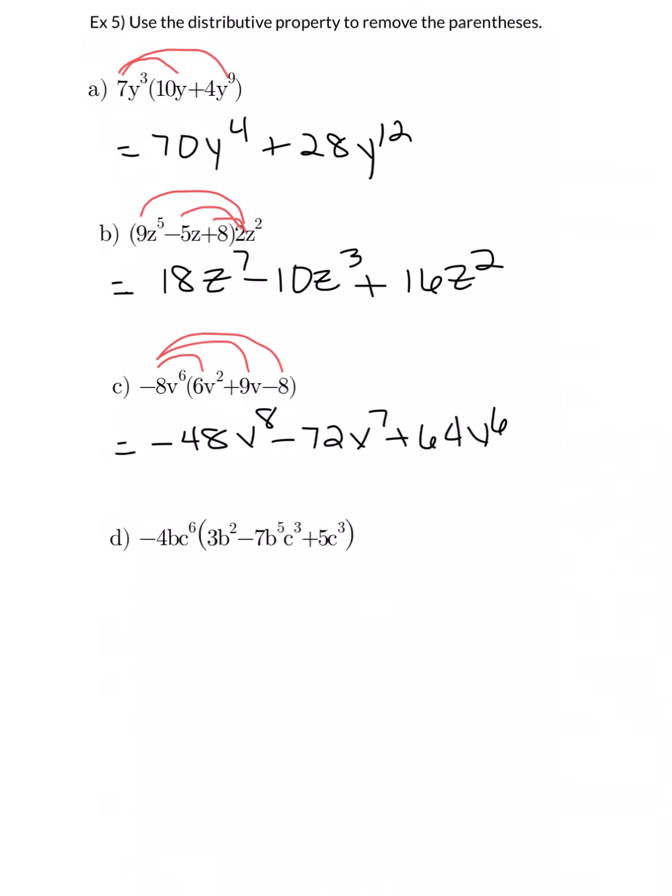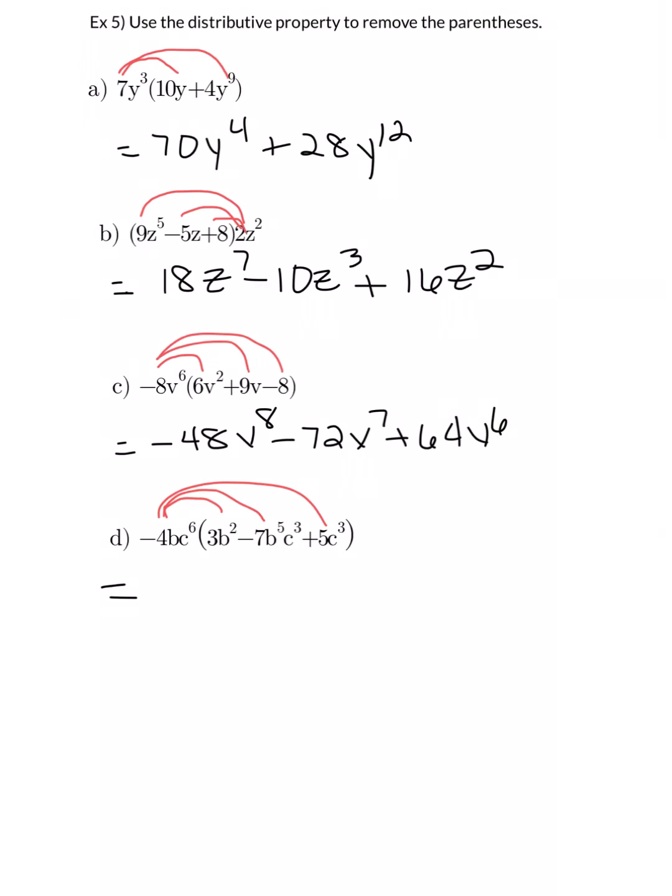What's different about D is that we have two variables that appear in this problem. So remember that when you are multiplying and you want to add the powers, you only add powers for the variables that match. We still have to do the idea of taking the negative 4b c to the 6th outside times each of the items inside.